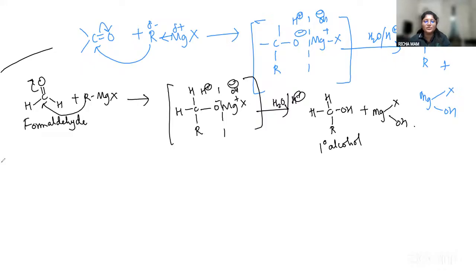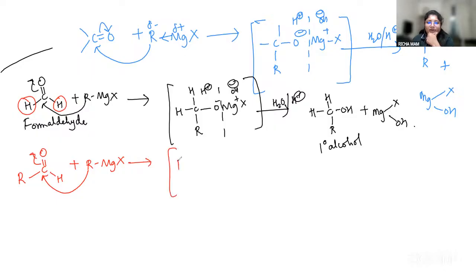Next, I'll take an aldehyde. In an aldehyde, one will be R and another will be H. In formaldehyde, both are hydrogens. Here we have taken one as an alkyl group. React it with RMgX, students. Again this will polarize.